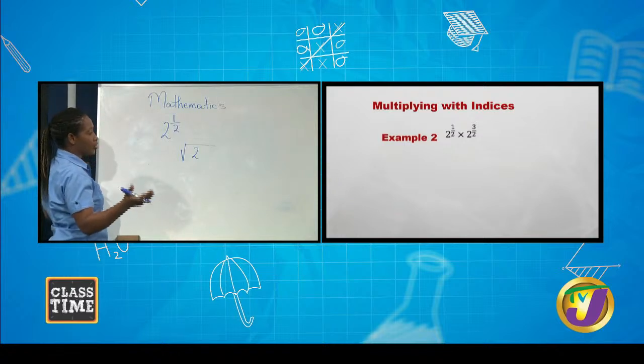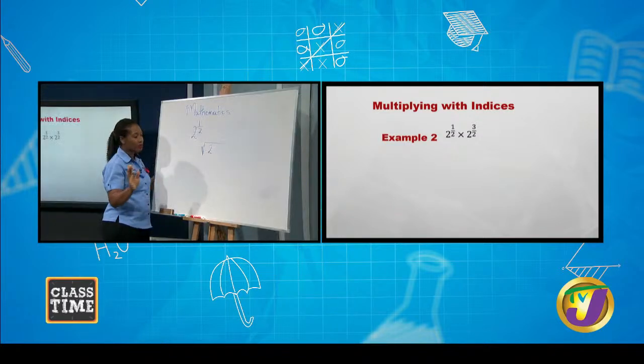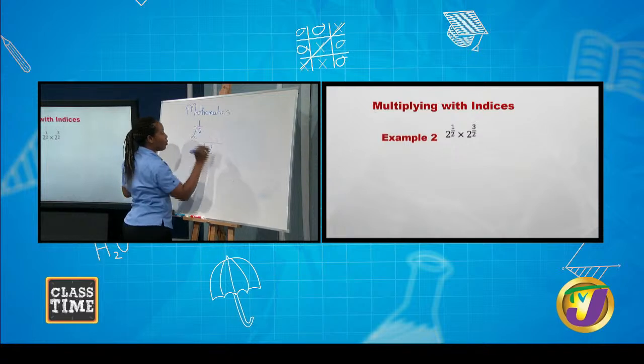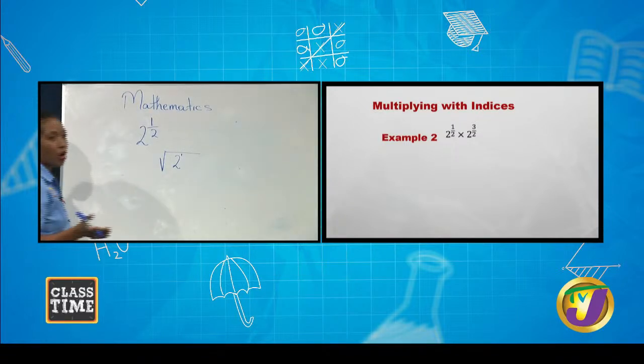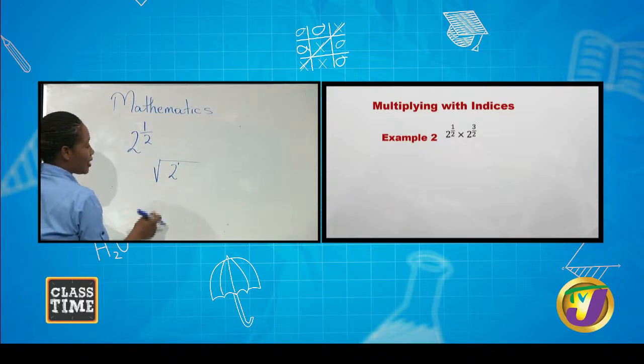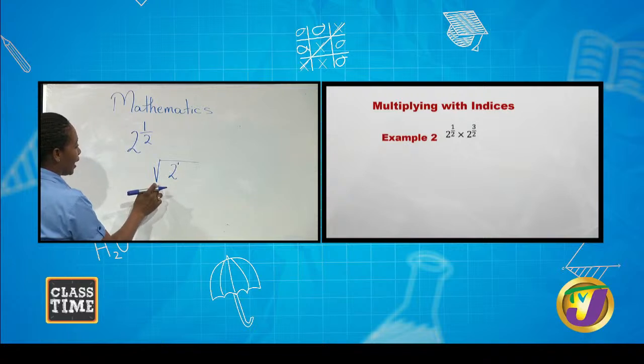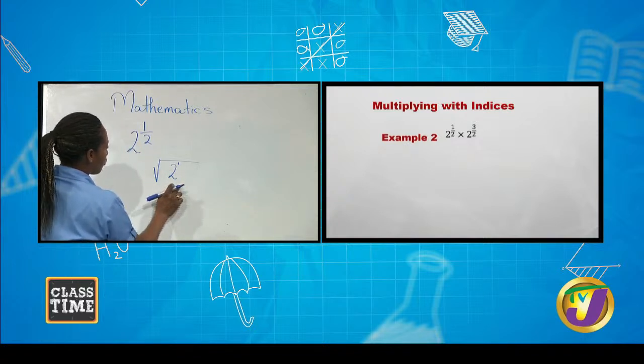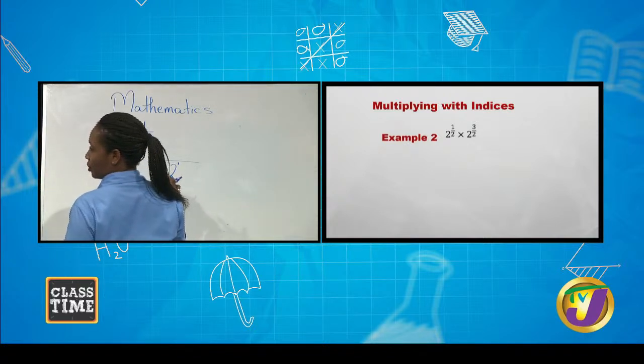Now, by now you should know that this sign already says square, so no need to put a 2 in the square root. And the power for the base would be 1. You should also realize that we don't write 1. However, you can, but it's not necessary. So we're finding the square root of 2, correct? Yes.